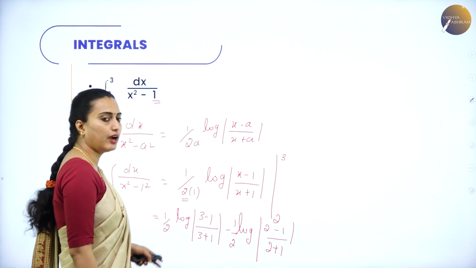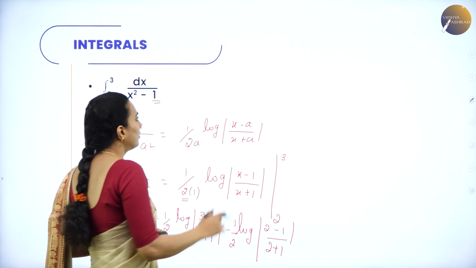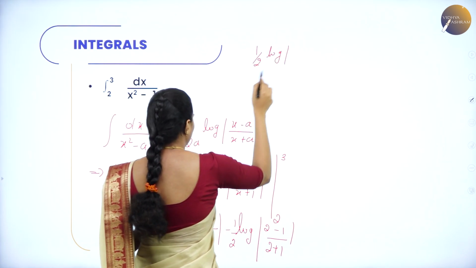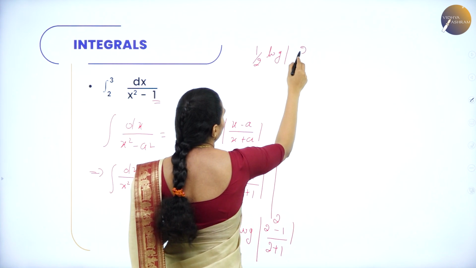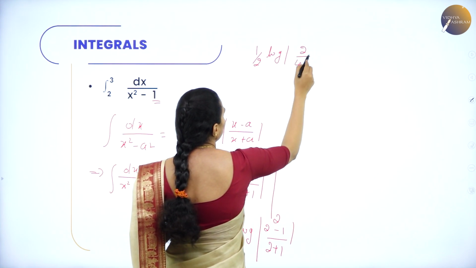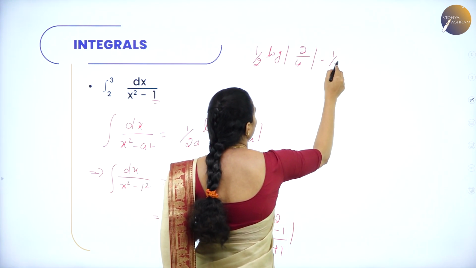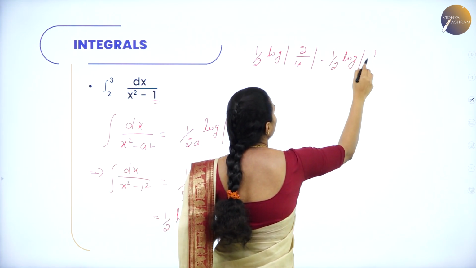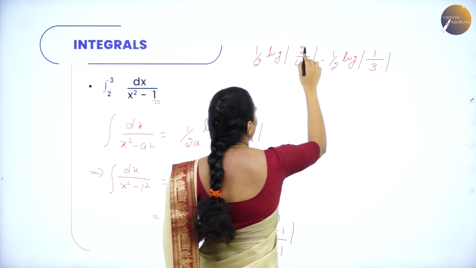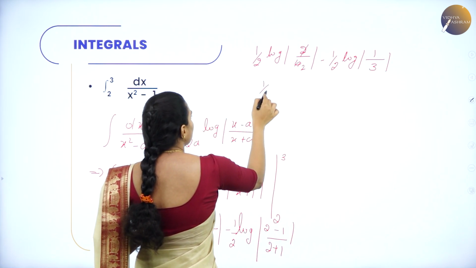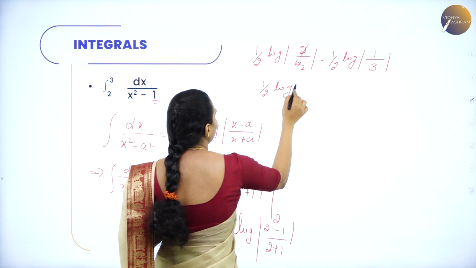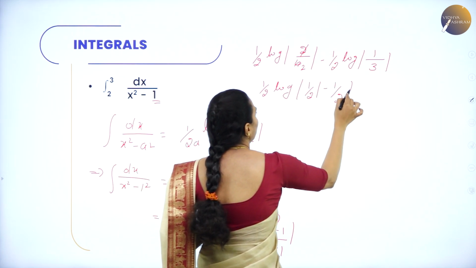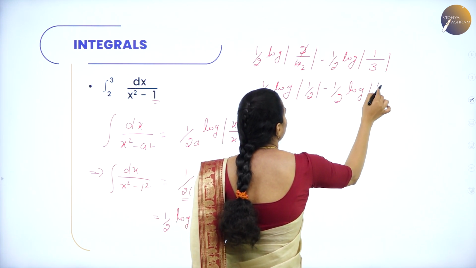Now further, 1 by 2 into log of modulus of 3 minus 1 divided by 3 plus 1, which is 2 divided by 4, minus 1 by 2 into log of 2 minus 1, which is 1, divided by 2 plus 1, which is 3. So 1 by 2 into log of modulus of 1 by 2 minus 1 by 2 into log of modulus of 1 by 3.